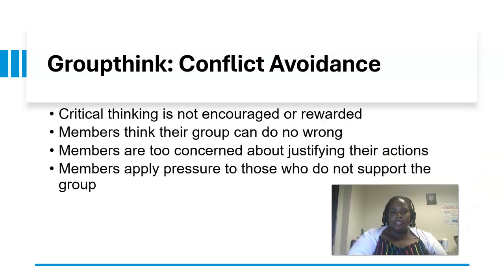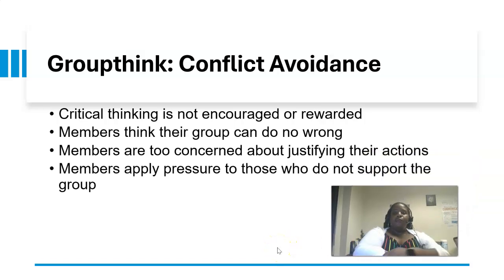Okay. So we also want to avoid groupthink. You might have heard this before, but the opposite of being hostile and not listening to each other is to have too much cohesion, which exists when critical thinking is not encouraged or rewarded, almost like peer pressure.